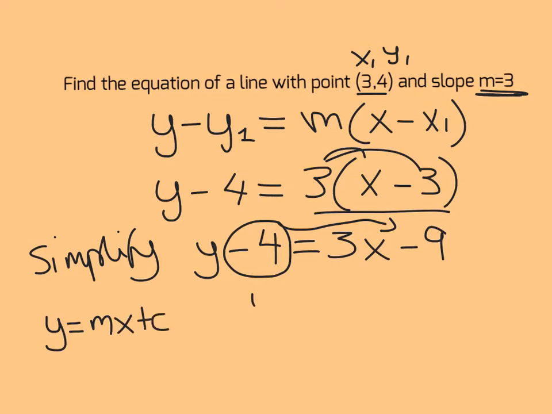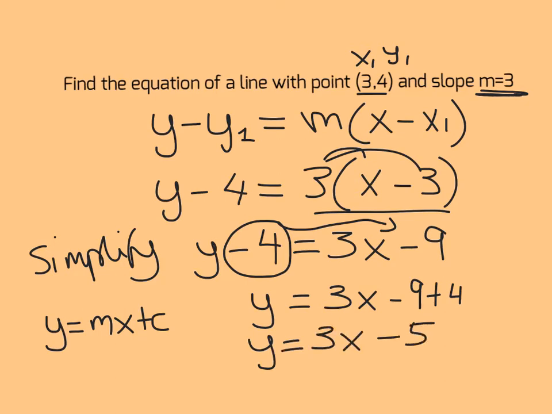So what I get then is y equals 3x minus 9 plus 4, y equals 3x minus 5. And that's my final answer. That's the equation of my line.